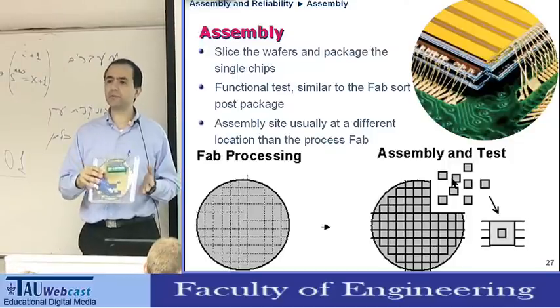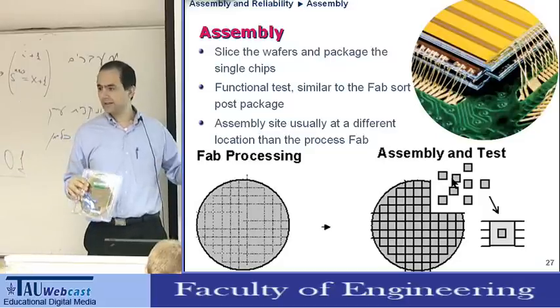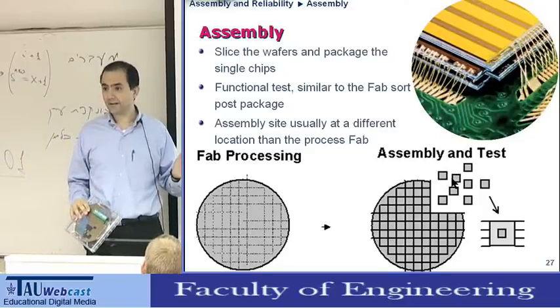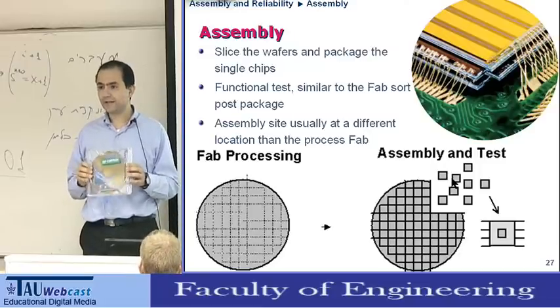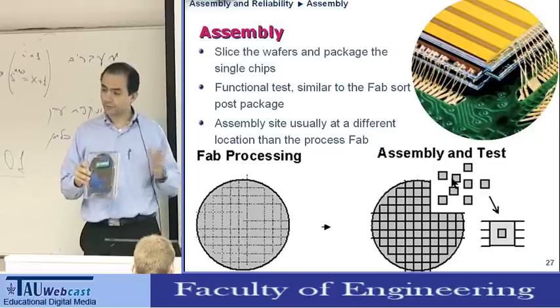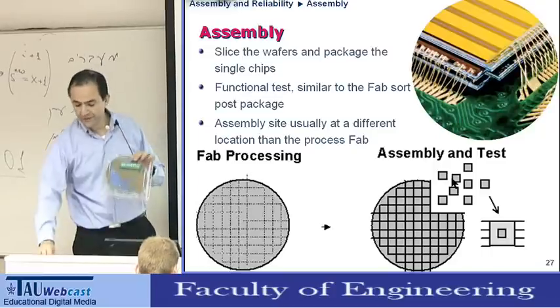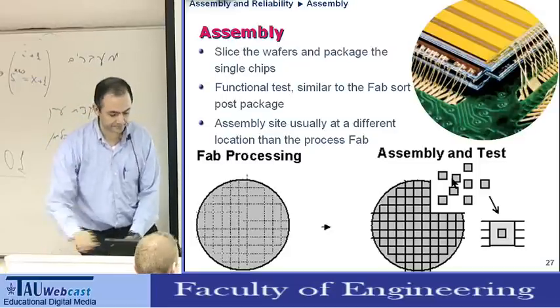If it takes another week or two to package it and test it, and we have a tool in the line which is performing badly, and we could have gotten the information two weeks earlier, it's a waste of time and a waste of a lot of money. So that's the reason we test both on wafer level and on die level.